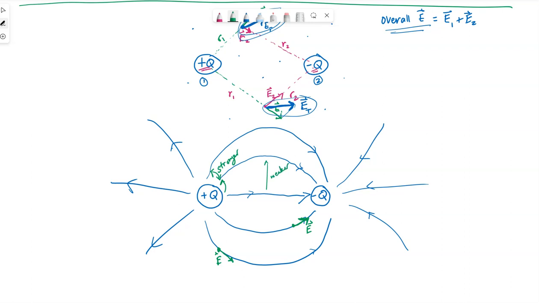Okay. In the case of having equal magnitude charges, this is called an electric dipole. So positive Q and negative Q have the same magnitude of charge.